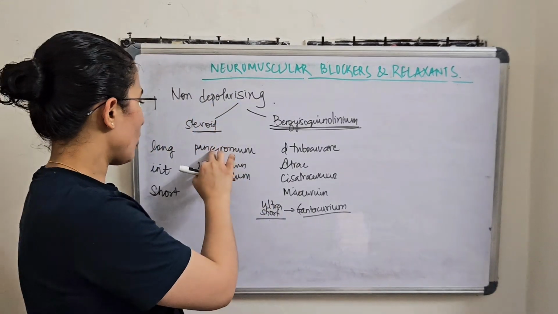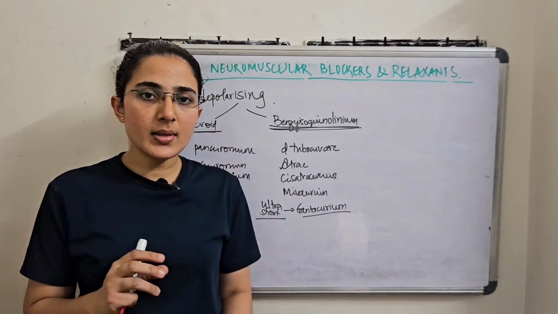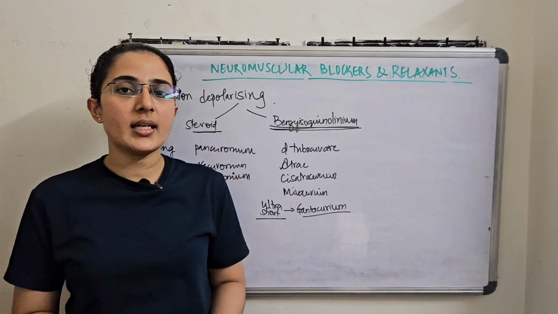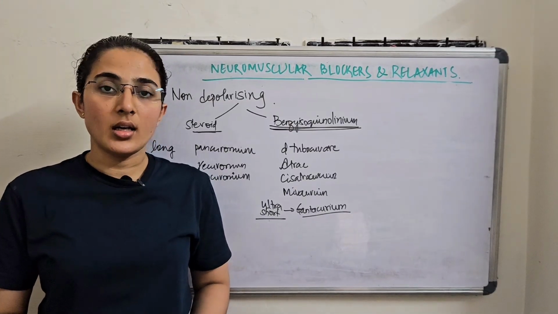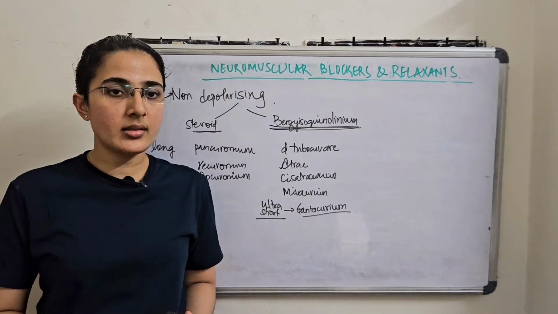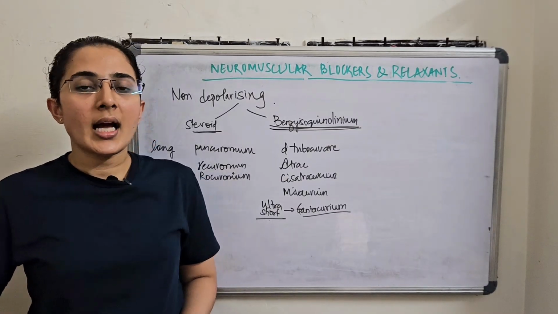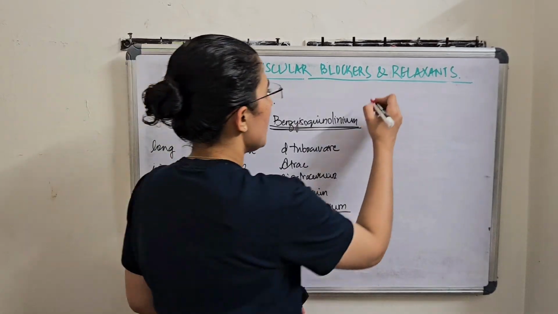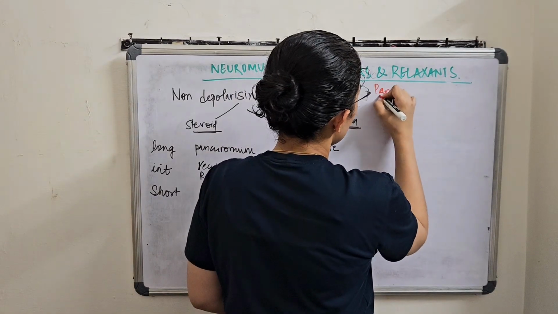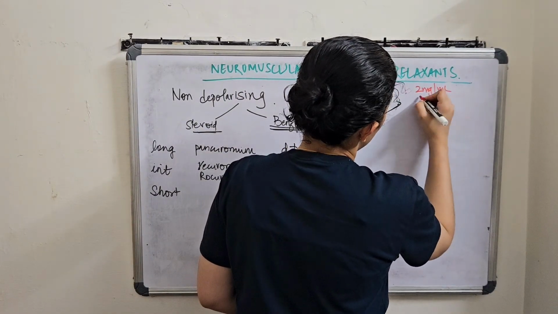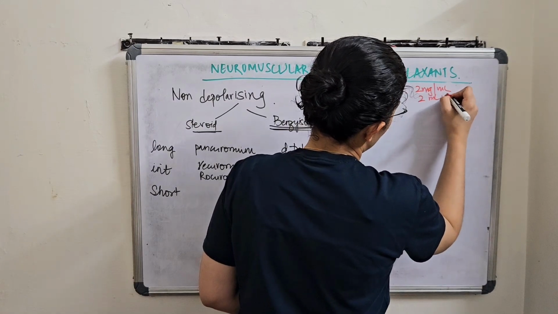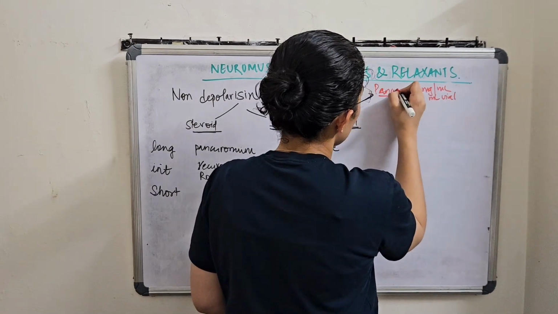We'll start with pancuronium. When we describe it, we always start with: it's a non-depolarizing muscle relaxant belonging to the steroidal group, and it's long-acting. Pancuronium is usually available as 2 milligram per ml in a 2 ml vial, a clear colorless solution.